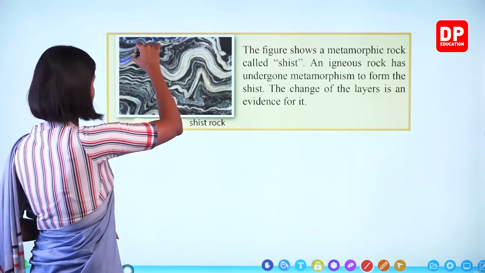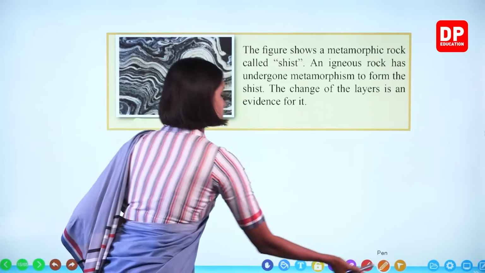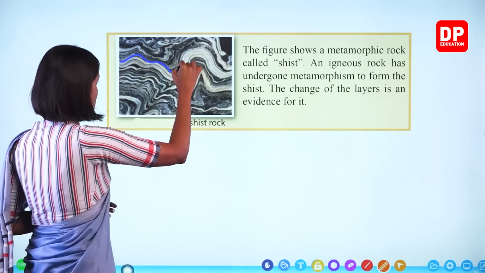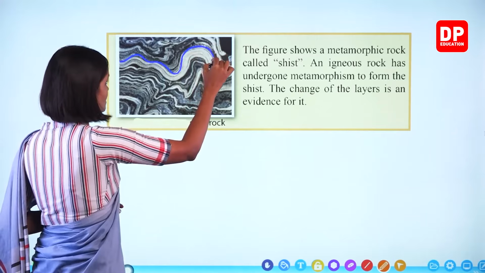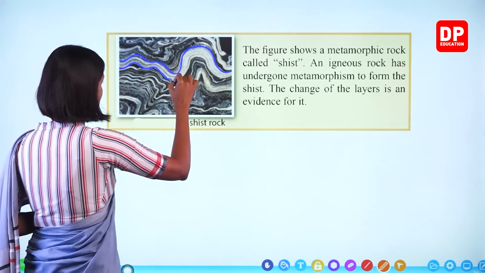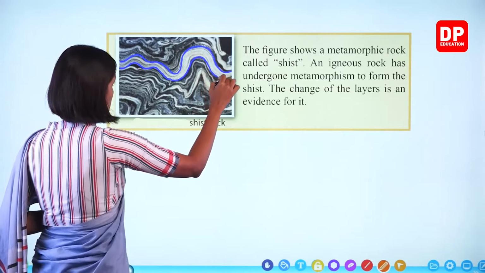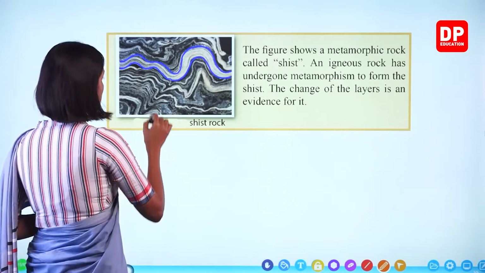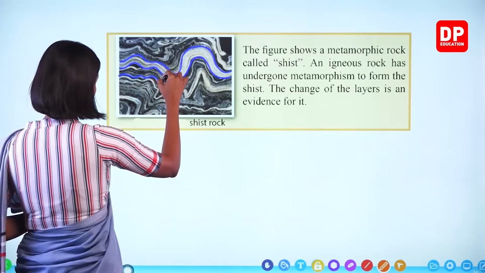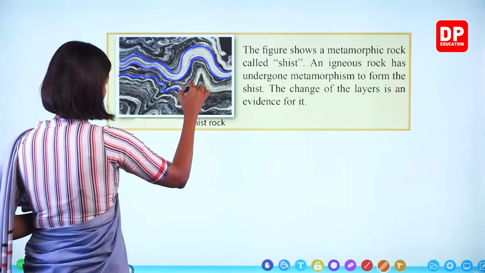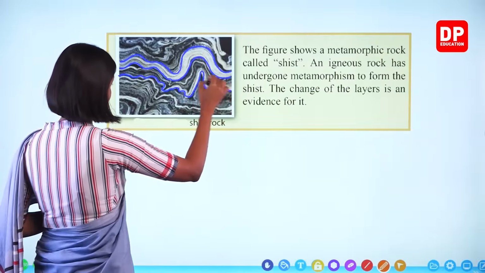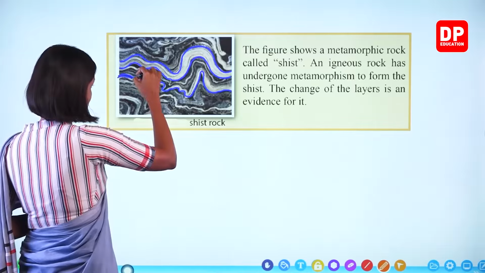Now you all can see this is one layer. So this light colored one is one layer. You all can see, but the lines of that layer are not straight. It is wavy. Look at this black colored layer over here. That is also not present as a straight line. Earlier, it was present as a straight line, but then what happens?